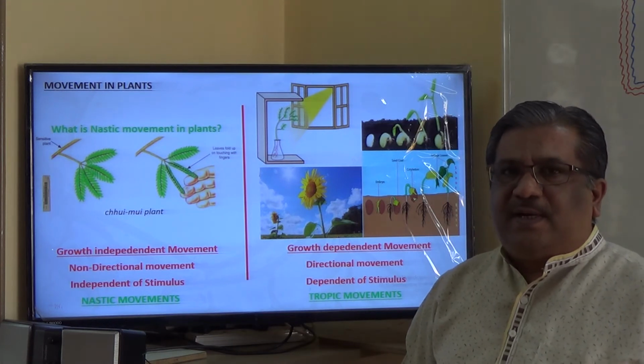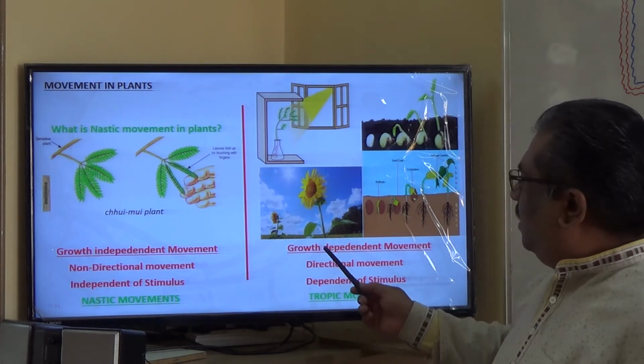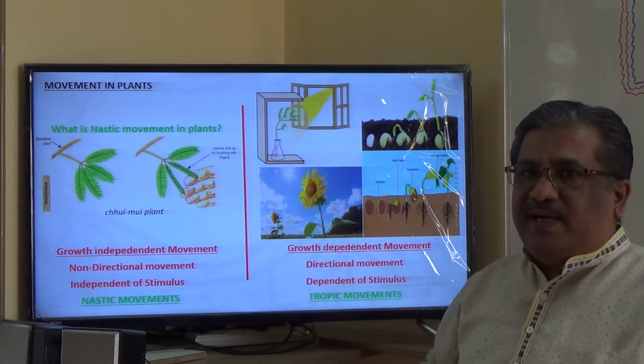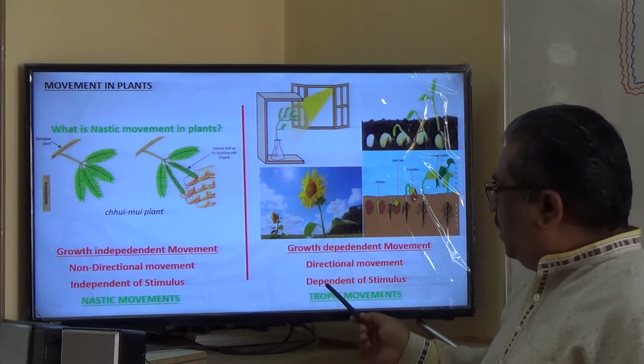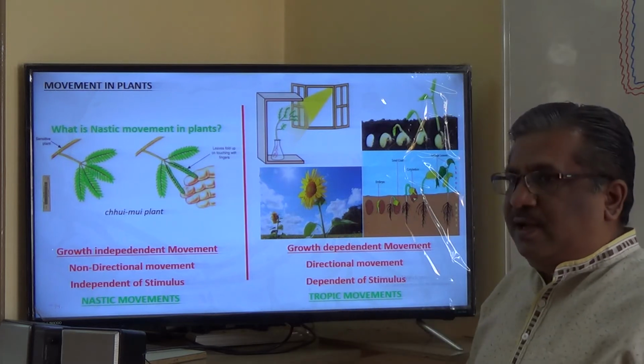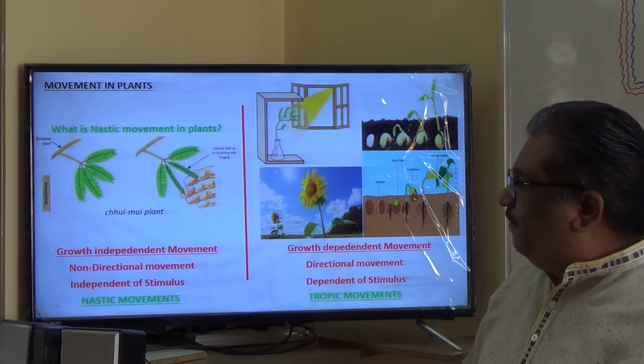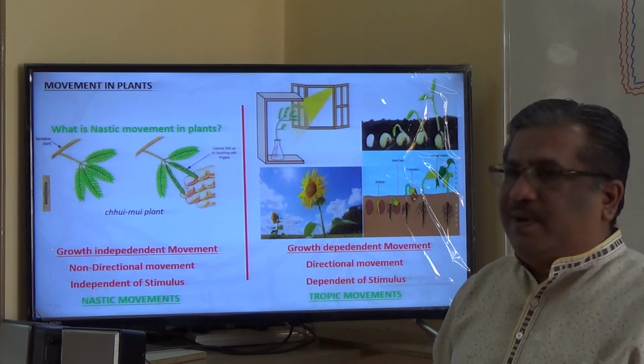I hope you are able to understand. And once again, growth dependent movements are directional movements dependent on stimulus and hence called tropic movements, the name given for that kind of movements.